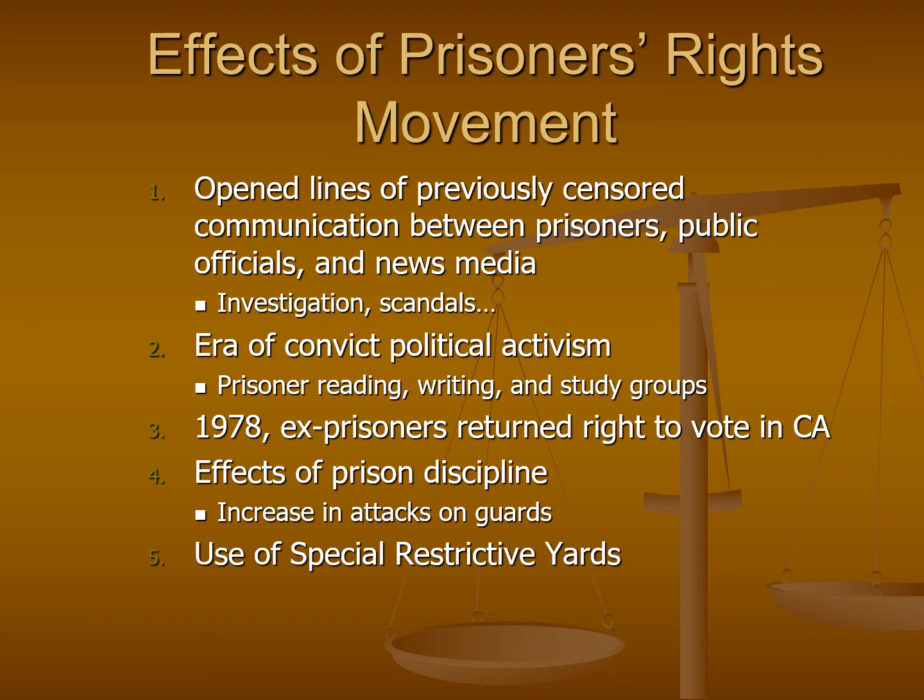One of the things we saw, in response to increased attacks on guards by inmates, was a sharper focus on how we housed, separated and treated various offenders. One of these was the use of what are known as special restrictive yards. In California, we often refer to this as maximum security administrative segregation, or ADSEG.